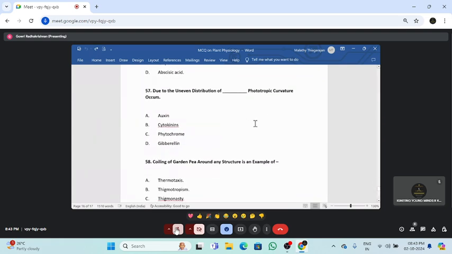Due to the uneven distribution of dash, phototropic curvature occurs. A. Auxin.